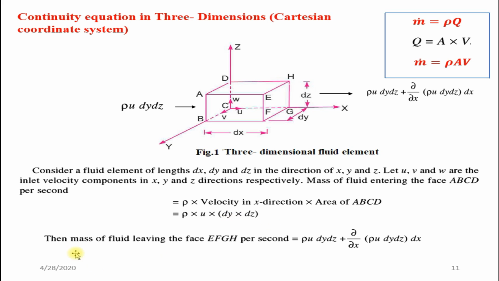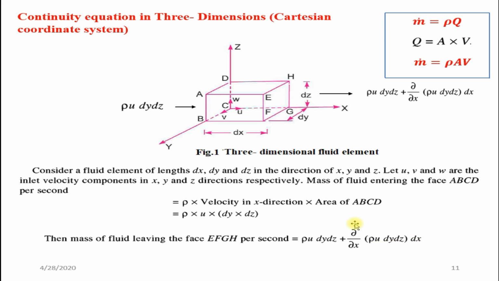Similarly, the mass of the fluid leaving the face EFGH is given by rho into u into dy dz, mass flow rate rho into area into velocity, plus dou by dou x of rho u dy dz into dx.